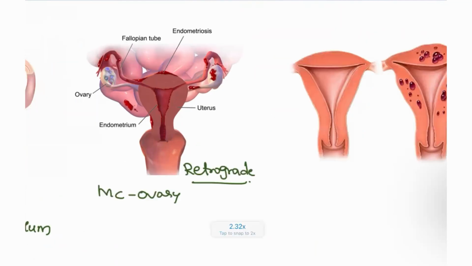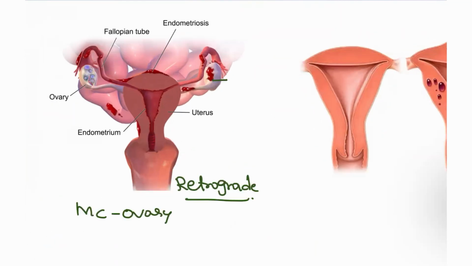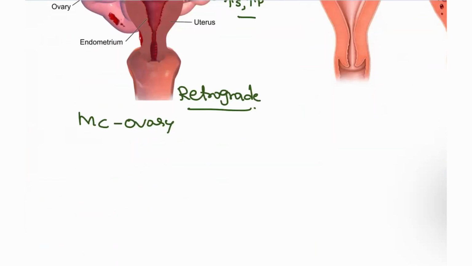So when they are at this place, when you are having the cycle, estrogen and progesterone are working, so the changes will be seen in the extra tissues. So that is what endometriosis is. So the ectopic tissue of the uterus is going to cause this condition. This is the most commonly accepted theory, the implantation or retrograde menstruation. This is known as Sampson's theory, right?